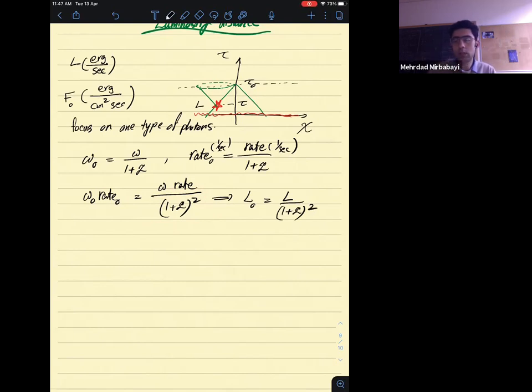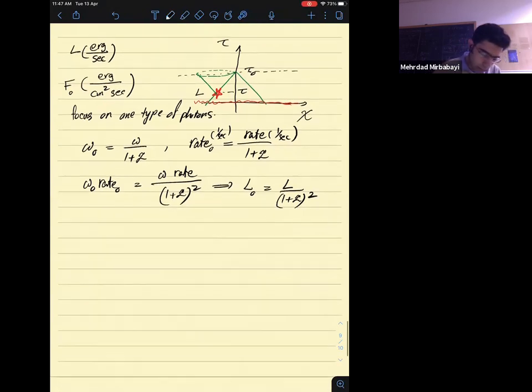But this total luminosity, this total energy per unit time, is distributed over this sphere, right? So now we want to understand what is the flux. So we divide this by the area of this sphere.